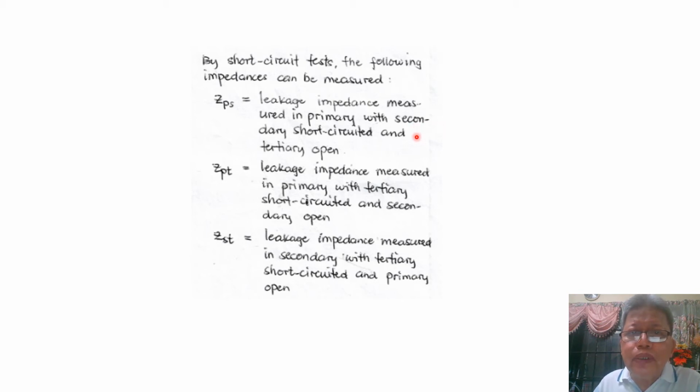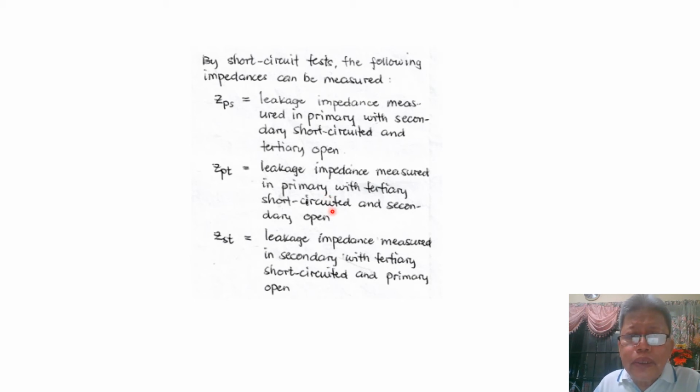So similarly for the three-phase three-winding transformer, we do the same, conducting a short circuit test. In this case, we obtain the equivalent impedance between the primary and the secondary.